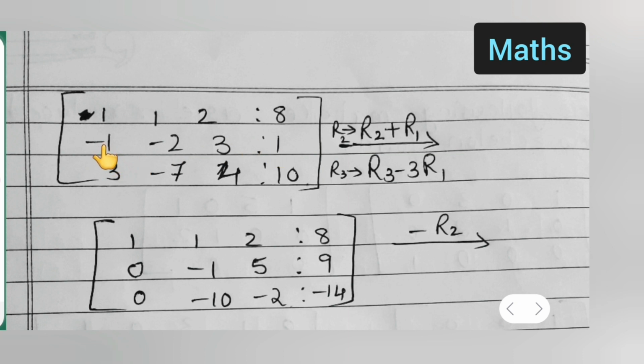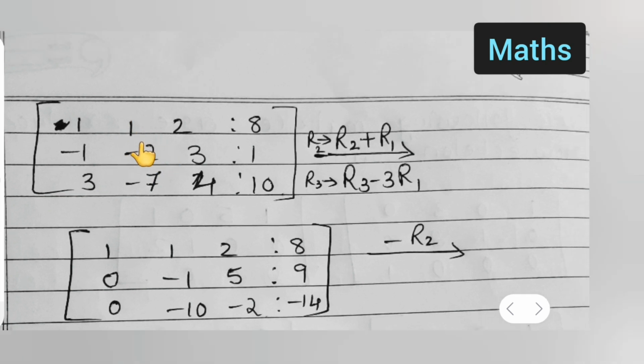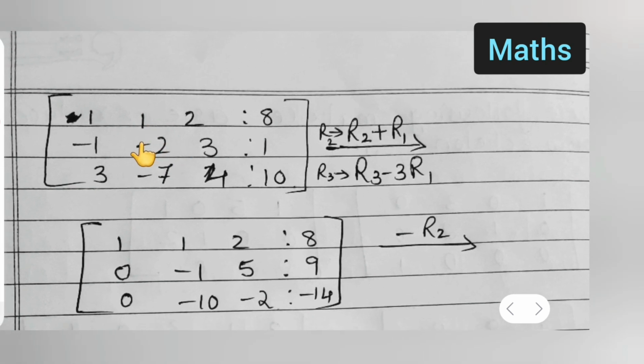So minus 1 plus 1, it will be 0. So here it will be 0. Next I am doing minus 2 plus 1, which will be minus 1. That's how I got this minus 1 over here.